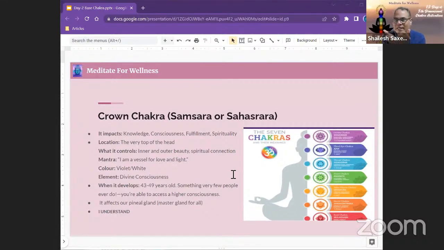So if people are stuck in these areas of life, their Mooladhara will be blocked, right? And once you clear the Mooladhara, you will begin to get rid of all the stresses of the basics. You will be out of all that, right? So that's how these chakras impact our life. Understand that. So as you grow from basic, then the Sacral Chakra, Swadhisthana Chakra, is just the next level of human needs.